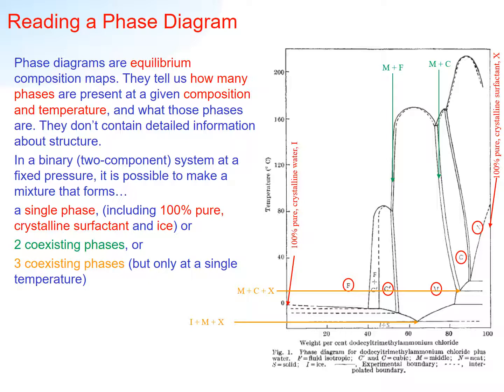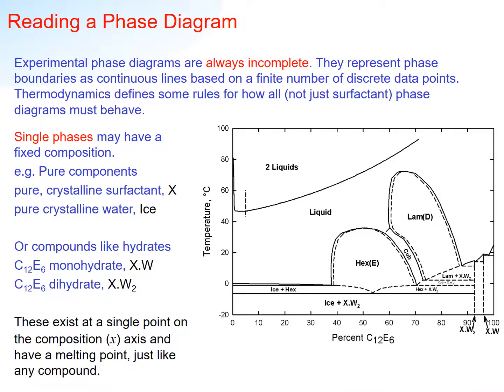Only a few of the illustrative two-phase and three-phase coexistences are shown on this particular phase diagram. This phase diagram, which you have a copy of on your worksheet, is the one that we're going to use as our reference for most of the rest of this video.